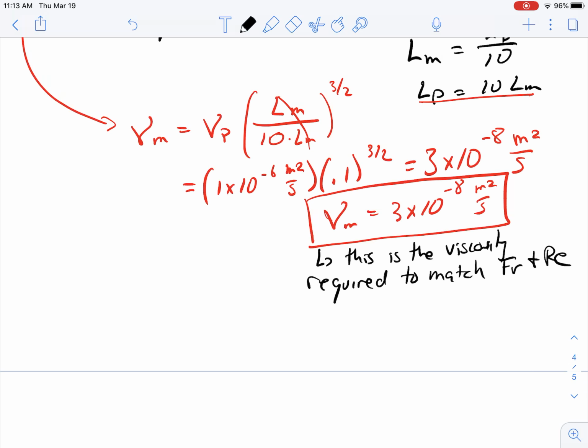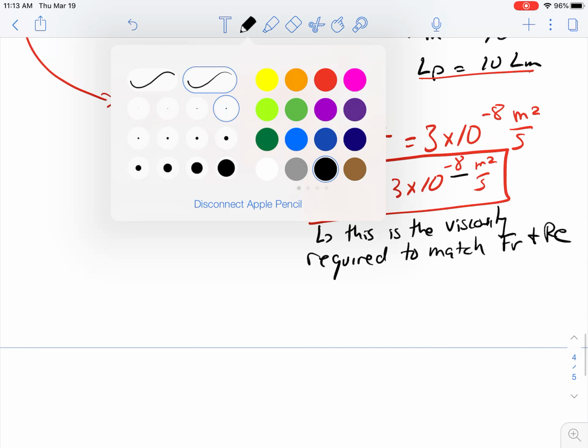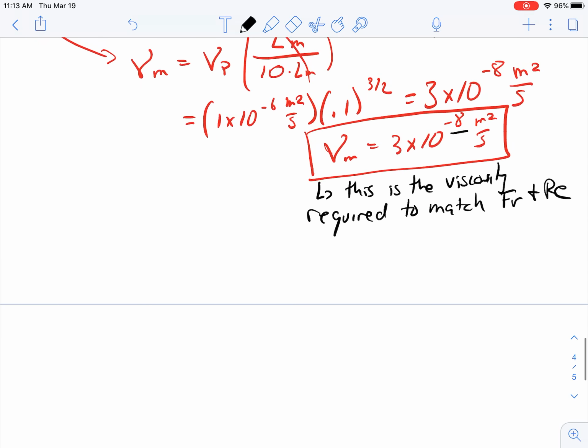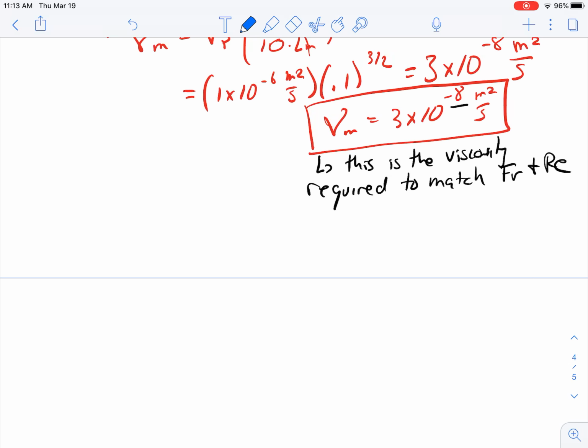Well, is that a problem? It turns out it's actually quite a big problem. As we saw, the viscosity of water is about 1 times 10 to the negative 6th, and so 10 to the negative 8th is 2 orders of magnitude smaller. It's very difficult for us to find liquids that have such low viscosities.